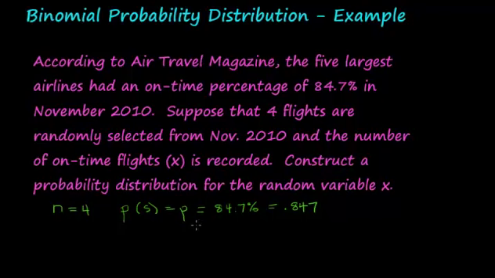In other words, are we going to sample with replacement or without replacement, or can we use the 5% rule?